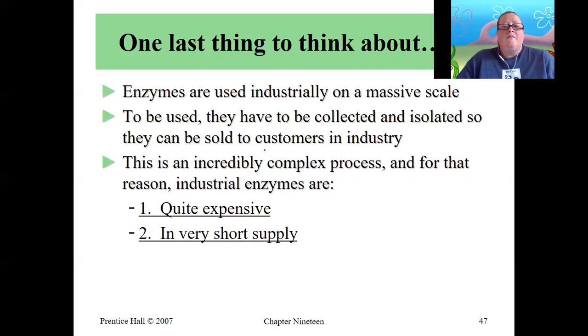So those have to be created and collected and isolated so they can be sold, and that process is generally very, very complex, which leads to a couple of things. Industrial enzymes are really quite expensive parts of an industrial operation, and often sometimes in very short supply. So while they are used extensively, the use of enzymes is an expensive component, and sometimes can be hard to come by.